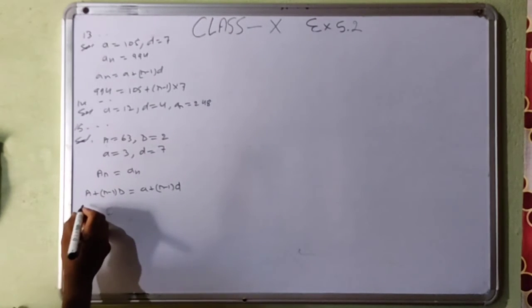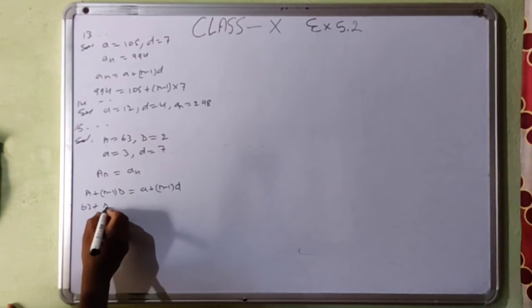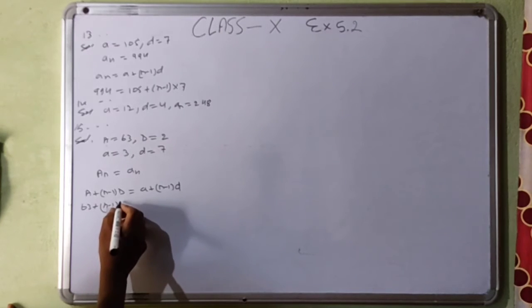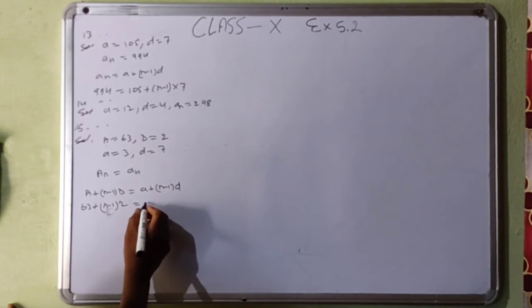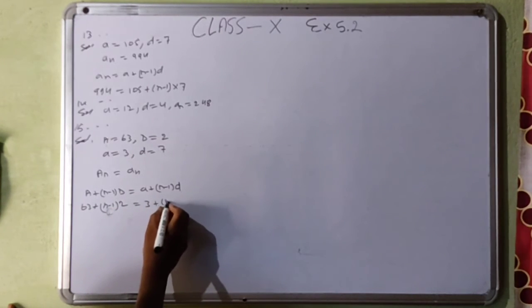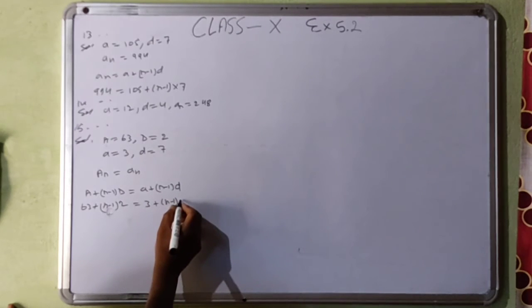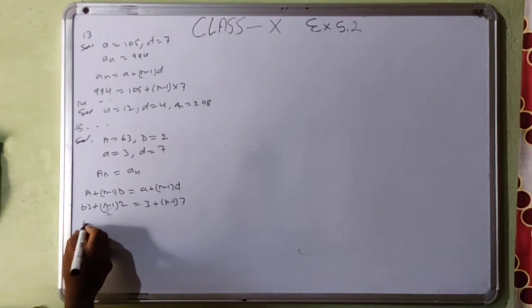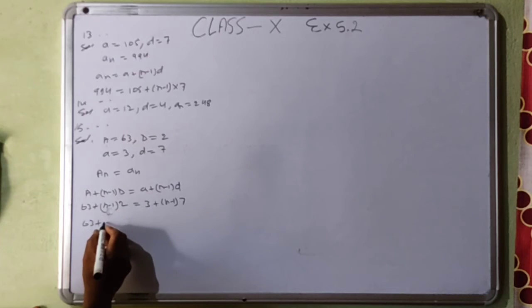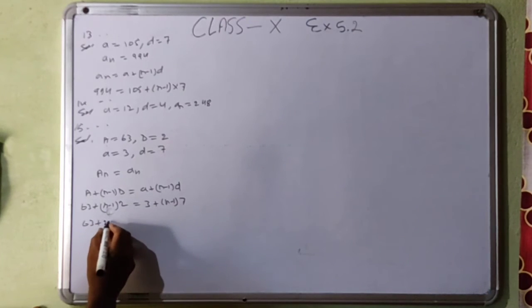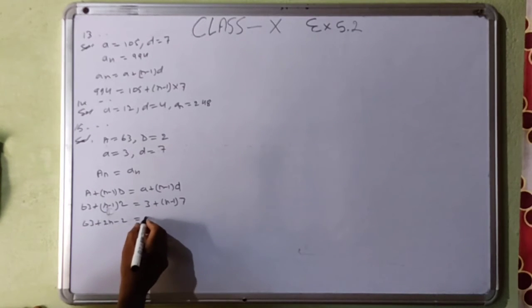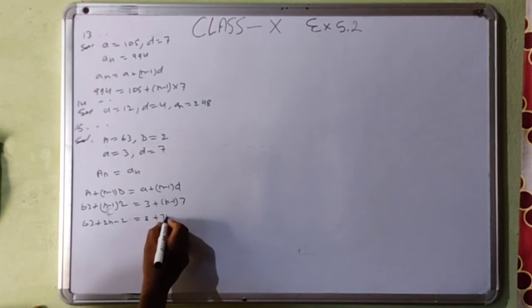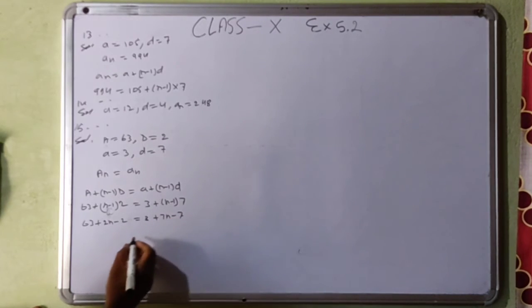Now we will apply the values. 63 plus n minus 1 and d value is 2, is equal to 3 plus n minus 1, d value is 7. So 63 plus 2n minus 2 is equal to 3 plus 7n minus 7.